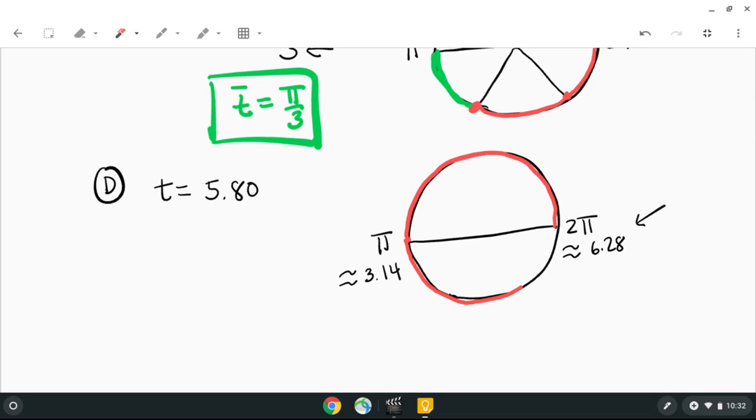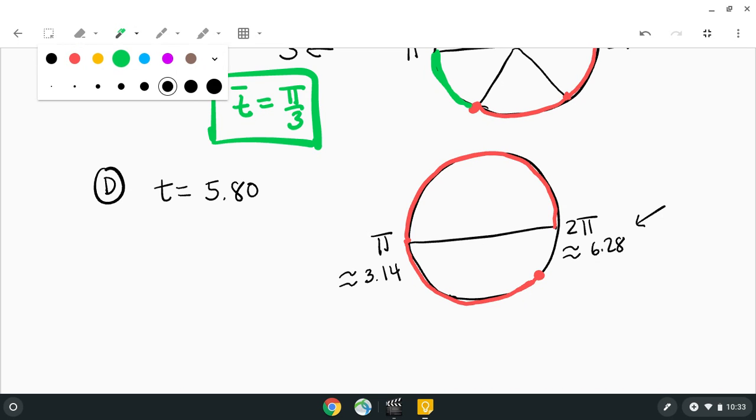Who knows where, but somewhere, right? But it's kind of closer to there than it is to 3.14, right? Okay, so it's somewhere over here. And so the distance that I want to know, the reference number, would be this distance right here.